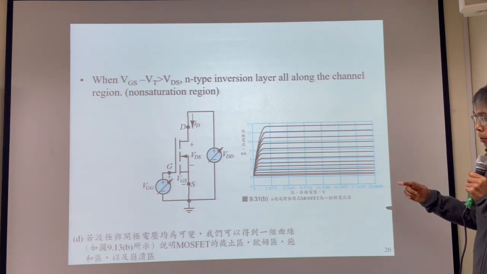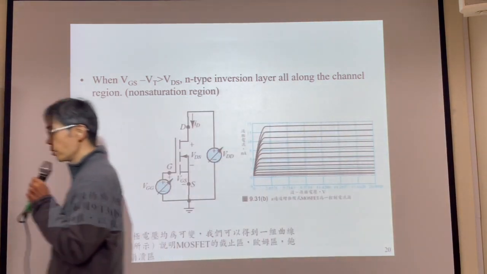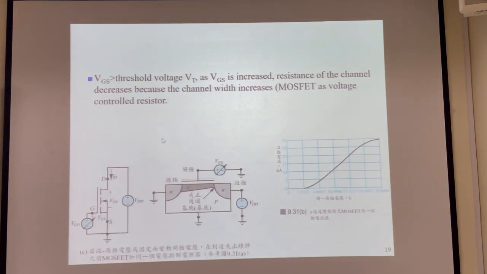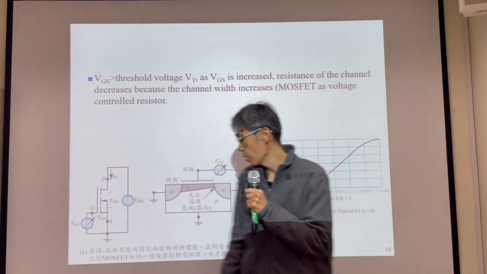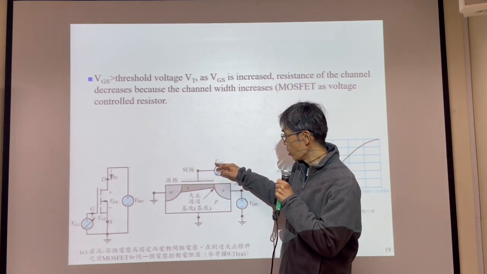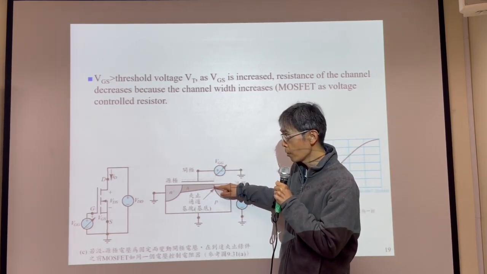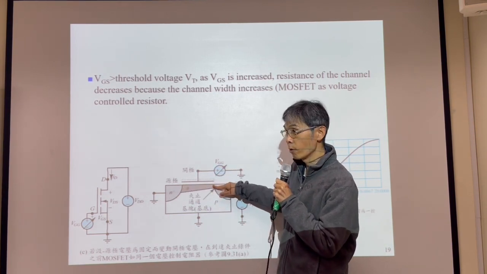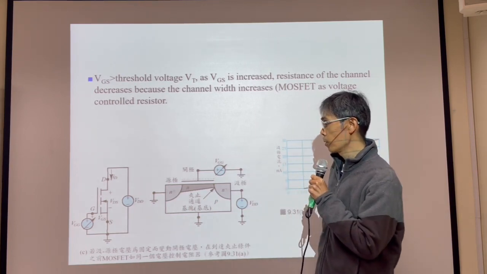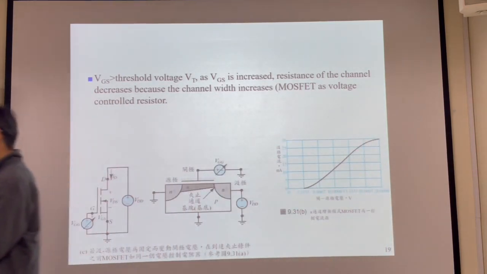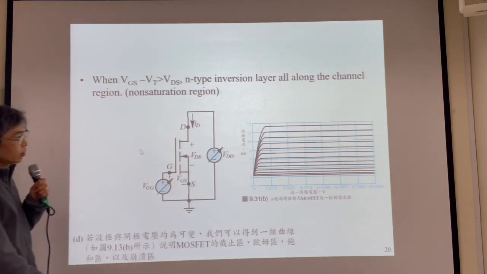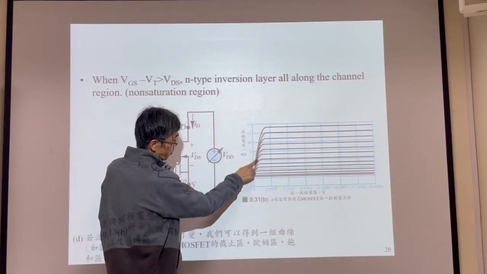Just imagine, if we are under this condition, if there's no cutoff, you can keep increasing VGS as long as there's no cutoff. If you increase VGS, the current will continue to increase. So which is the linear region? Linear region.